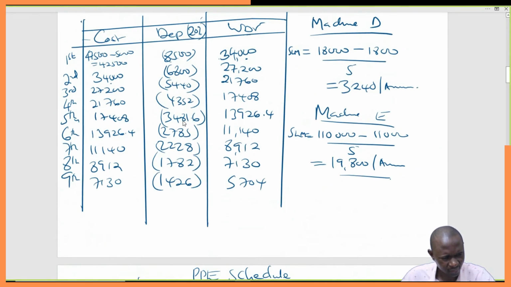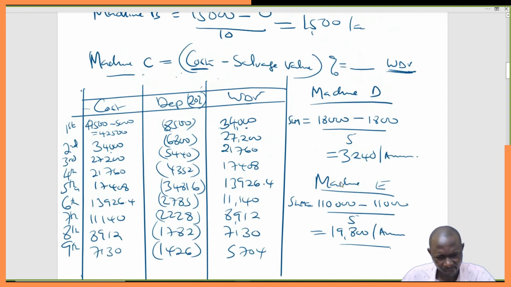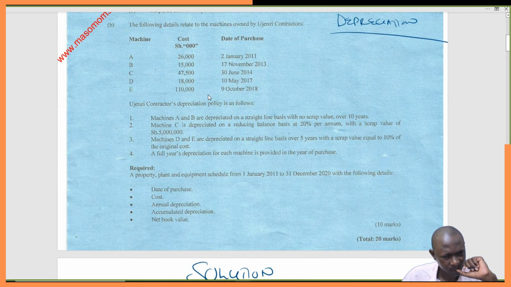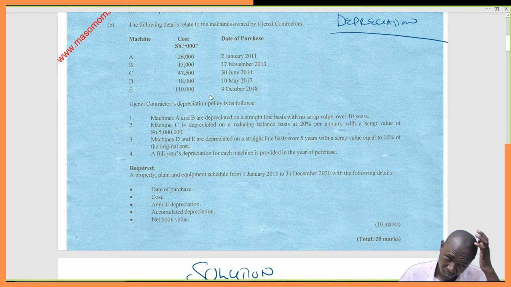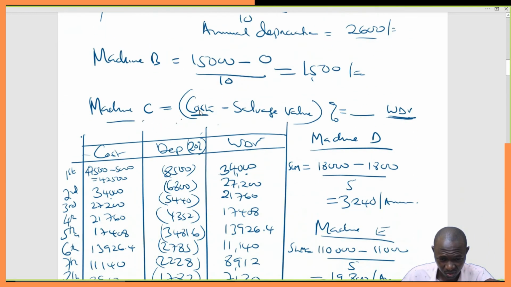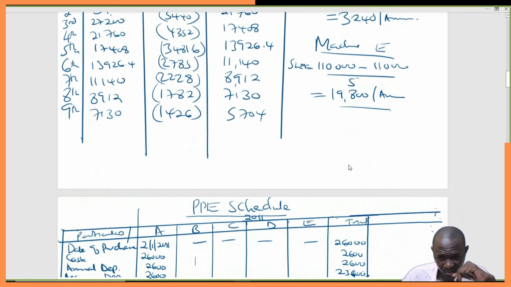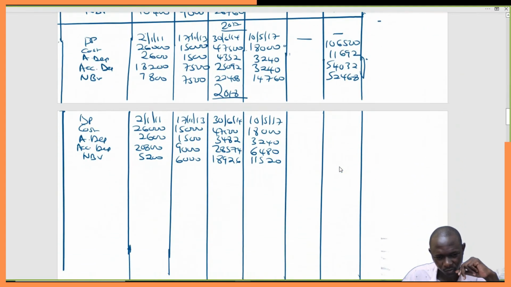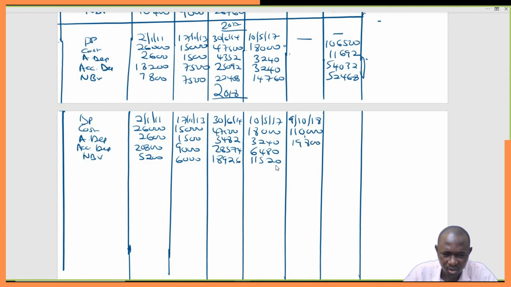This machine is machine E. 9th October 2018, 110,000, and the depreciation is 19,800. So come here, we say 9th October 2018, the value of the machine is 110,000 and depreciation is 19,800.